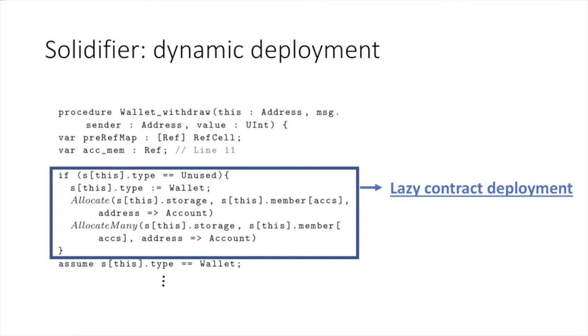In Solidity, smart contracts can be dynamically deployed, and one of the things that you could have is that you try to call a function at an address where a smart contract has not been deployed yet. And to avoid such things that wouldn't lead to anything interesting in our analysis, we require that whenever we call an address that is unused and we are expecting a smart contract to be there, we will deploy that smart contract there in a non-deterministic state.